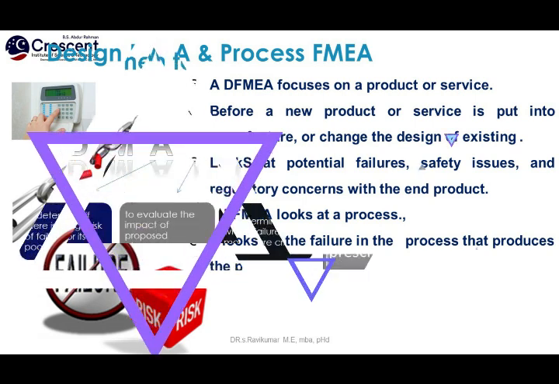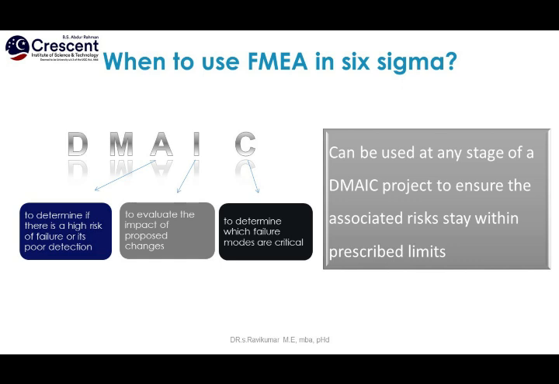In the case of an aircraft, there will be at least 15-20 main systems, and apart from that 30-40 secondary systems, and all the failure modes in those have to be analyzed. Then only the flight will be less risk, less risk for the pilot to operate and for the flight to fly in the sky. So depending upon the type of system we are going to analyze, the failure modes will vary.